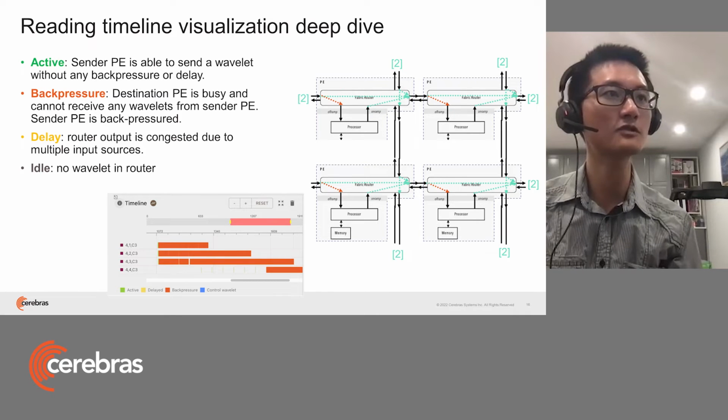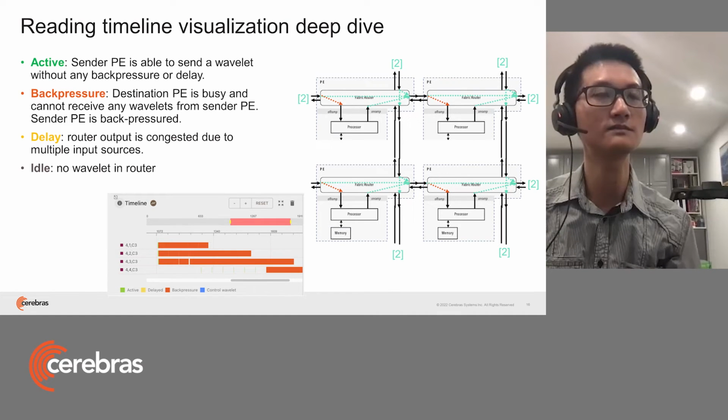If you're getting back pressure, which is the red, that means whatever data you finish processing and want to send to the adjacent PE, the adjacent one is saying, I'm busy. I cannot accept your wavelet yet. So that's what back pressure means. And the way this happens is you may have too much processing going on here, so you might want to distribute your computation a bit more.